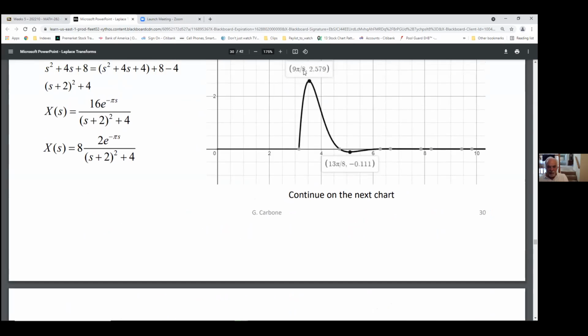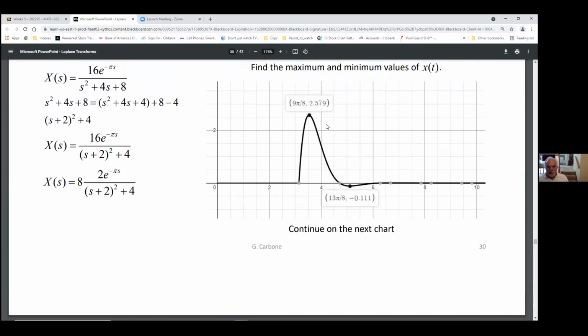Like Desmos gave me the max. If I graph the curve and put the cursor at the top point here, it'll tell you what the X and Y coordinates are. Now, in this case, we're using X and Y, but this is T. This would be T and X, right?